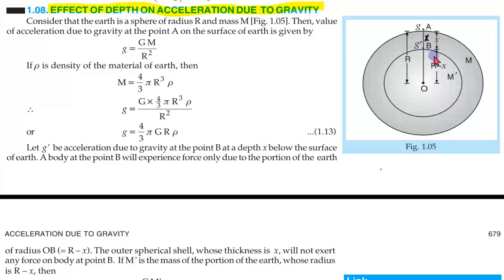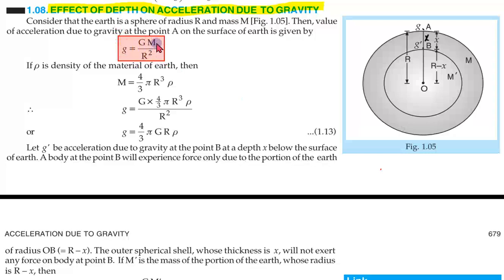So the problem is we have to find the mass of Earth when I travel down x distance from the surface. Suppose the total mass of Earth of radius r is capital M. Here the acceleration due to gravity at the surface of Earth is g.